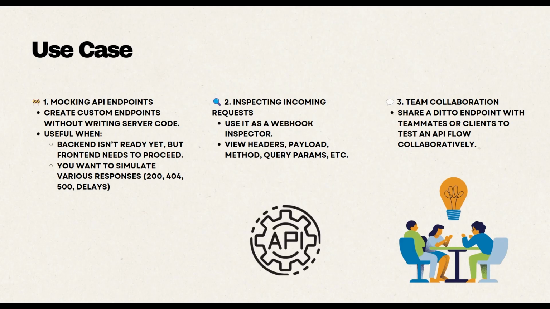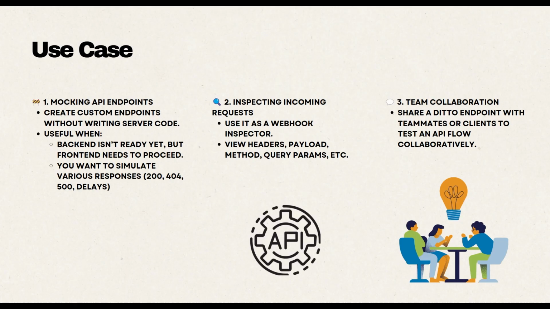And it is also very useful for team collaboration. How? There are multiple teams working. Suppose you have two teams, one is fulfillment and another is shipment. In order to bridge the gap, you can tell the fulfillment team, okay, I will give you such a type of payload, and the shipment team can say, okay, let me mock this API, and they can integrate it in their system while developing it.